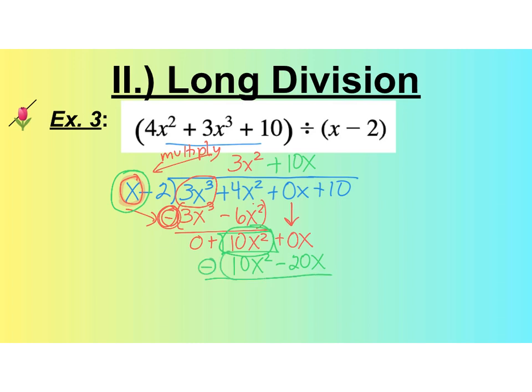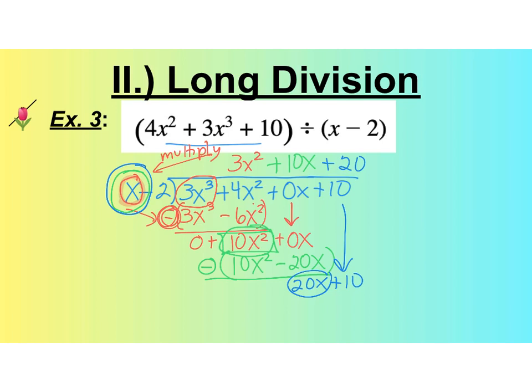I'm going to subtract, put my parentheses to remind me, and now I'm going to subtract. Be careful, 0 minus a negative 20 is a positive 20x. Drag down my 10 and start fresh. I'm running out of color, so we'll go with blue again. So x and 20x. I have to multiply x by 20 to get 20x.